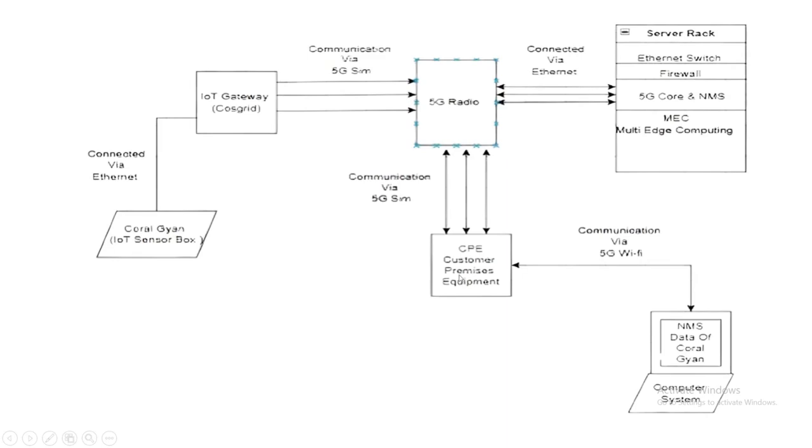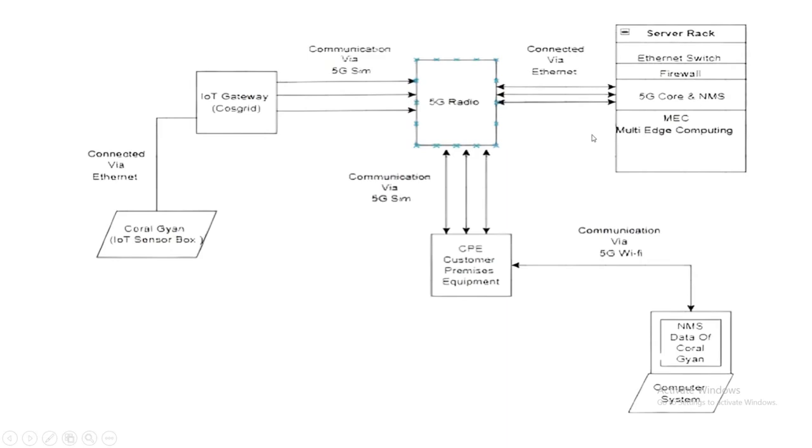And if you are able to connect with that particular Wi-Fi, then you will be able to see the data of Coral Yarn, the LDR sensor's data, the ratio of nitrogen, potassium, and phosphorus data in a particular soil or something like that. You will be able to see all that data on your computer system, or if you have a small UE, or a small mobile phone, and you're connected with this particular 5G Wi-Fi of the CPE, you will be able to see that particular data.